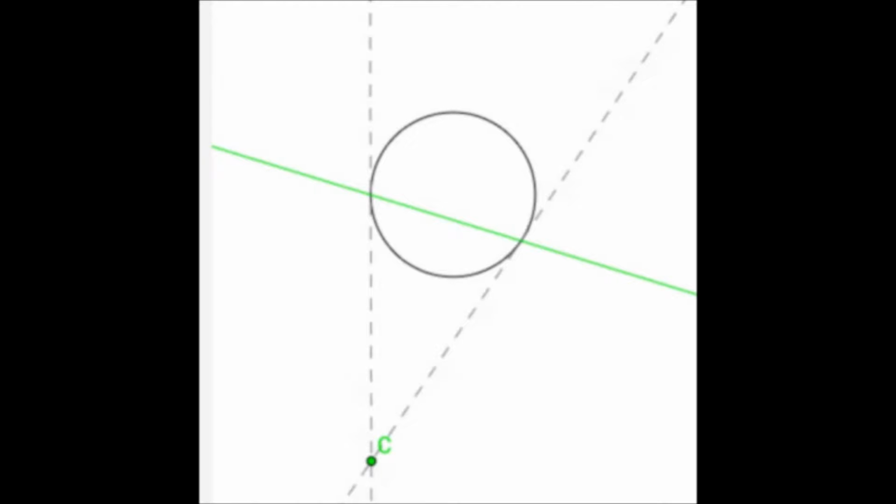The polar is the thing that you get by drawing tangents to the circle and then drawing this green line through those two tangent points. That gets you the polar of your point. This is quite a profound idea because by using this method, every point outside the circle can be associated with a line inside the circle.